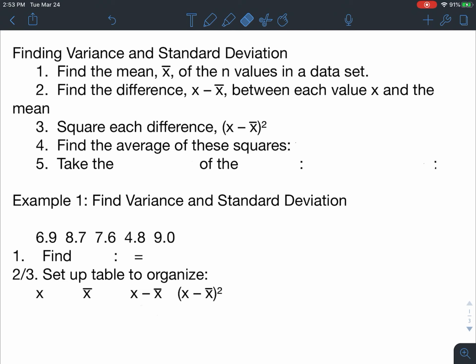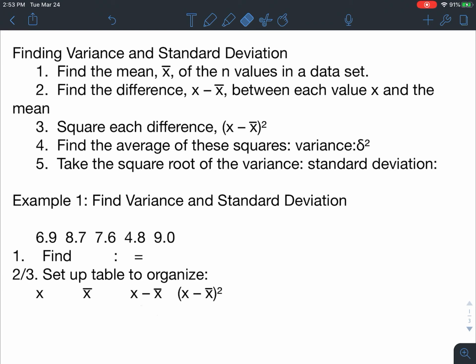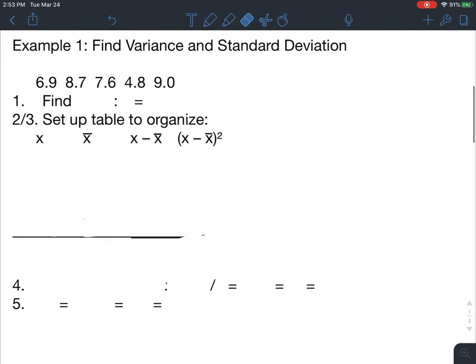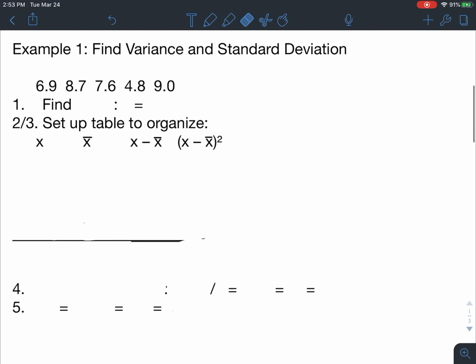Next, you take the average of these squared values that you get, and that is called the variance, sigma squared. Then you take the square root of variance, and you get standard deviation, which is sigma. So we're going to do one together. I'm going to show you how it works.